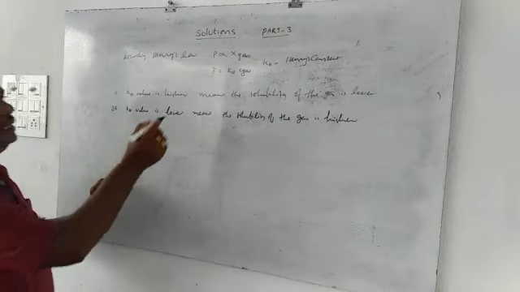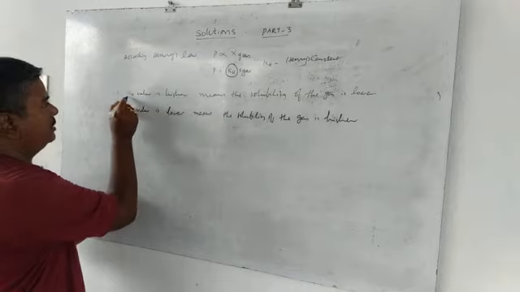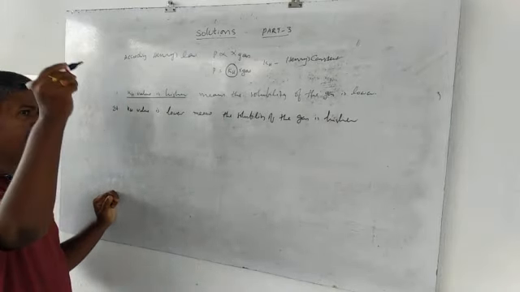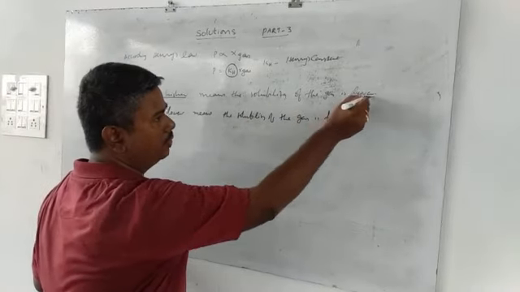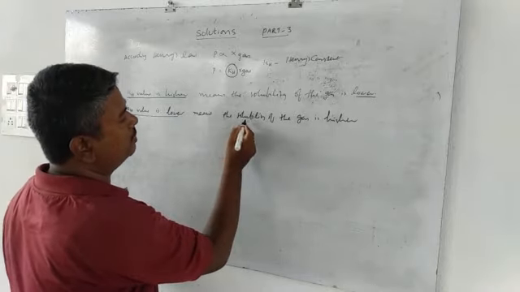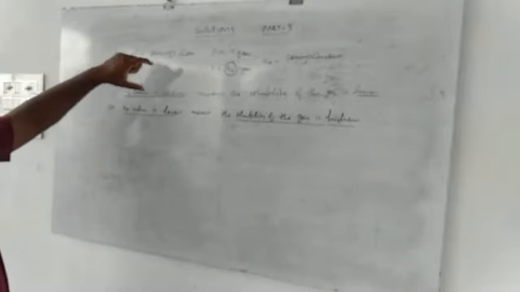It depends upon the KH value. If the KH value is higher, the solubility of the gas is lower. If the KH value is lower, the solubility of the gas is higher. So that is Henry's law.